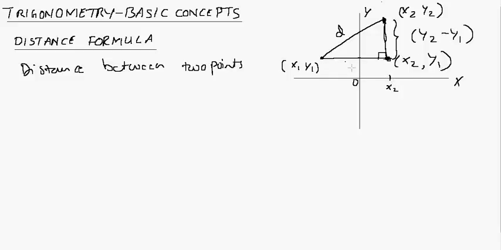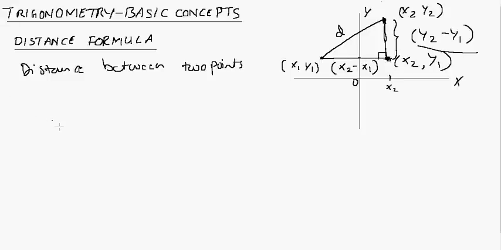Similarly, this side would be x2 minus x1. Now we have two distances. One is x2 minus x1, the other one is y2 minus y1. Two sides of this triangle.